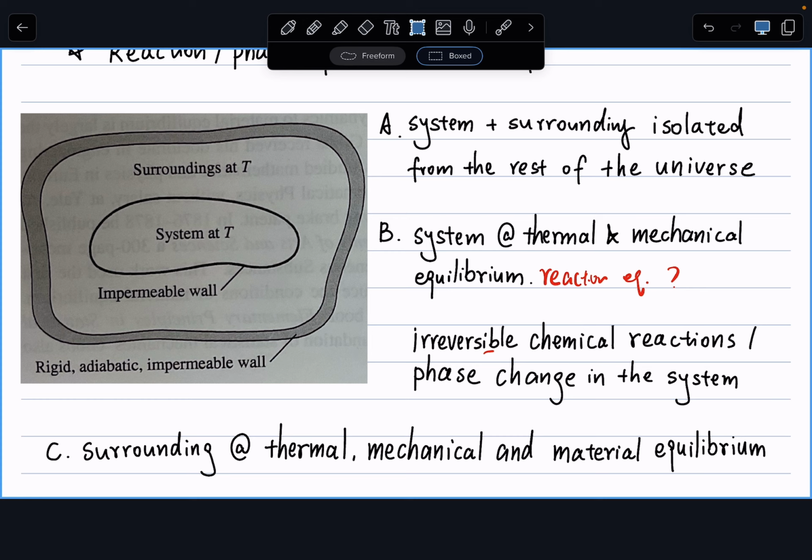And then, thinking about the system. What about the system? Now we know that for the system, we have irreversible processes taking place. So your dS system no longer equals dQ system over T. Or the other way to put it is we have dS system must be larger than dQ system over T for the irreversible process.